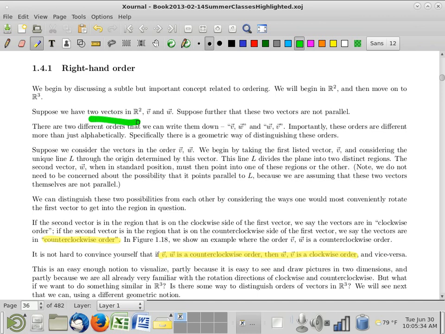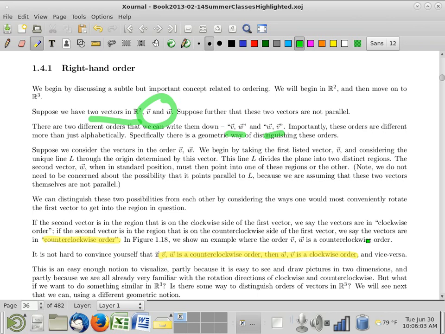Okay, so I'm going to start off by talking about an ordering concept, and here's the idea. Suppose I have a couple of vectors in R2. We're going to start off in R2 and work our way up to R3. I could write down those two vectors as v comma w, or w comma v. And I want to ask the question: how can I distinguish between these two orders? When I say distinguish, I mean in a way that's geometrically relevant, geometrically natural.